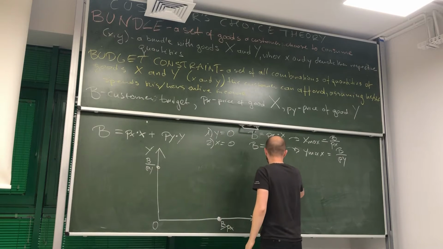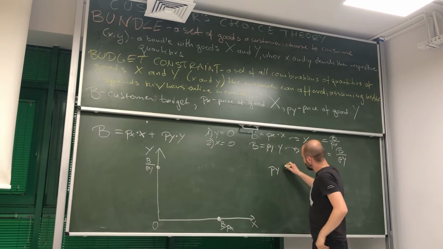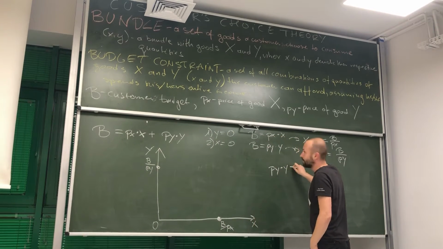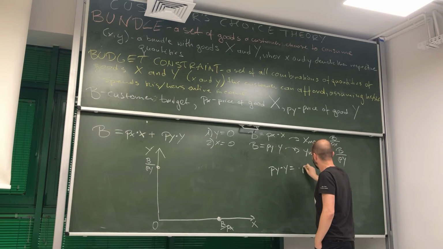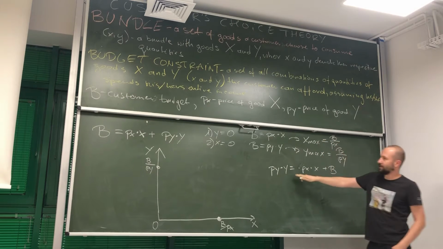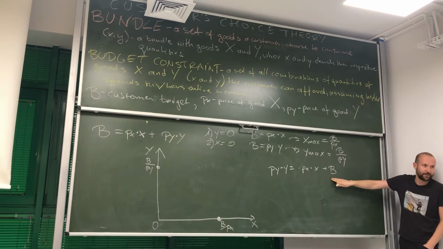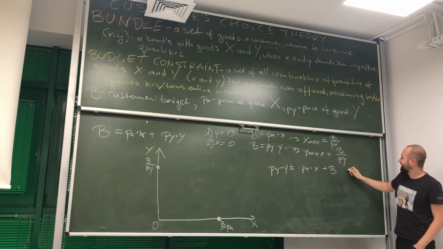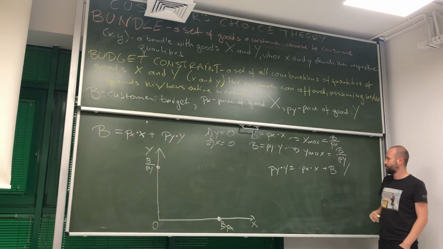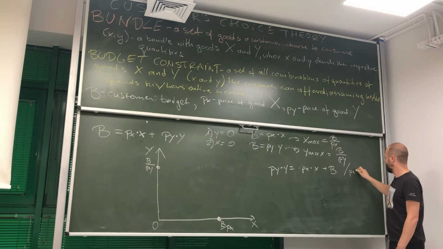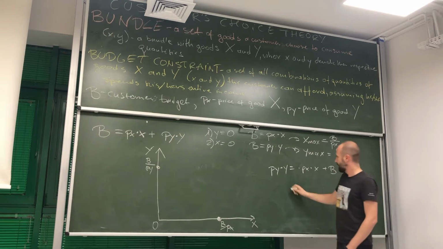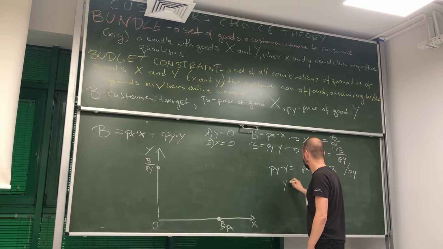We get that PY times y equals negative PX times x plus B. Out of this equation, now I divide both sides of this equation by PY, and then I'm getting something like this.